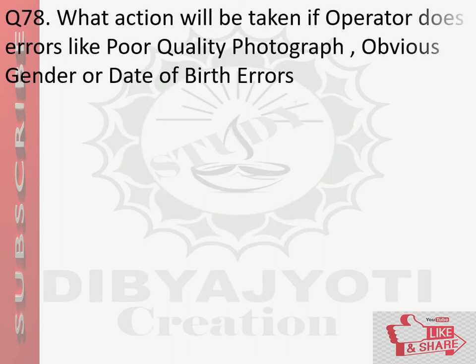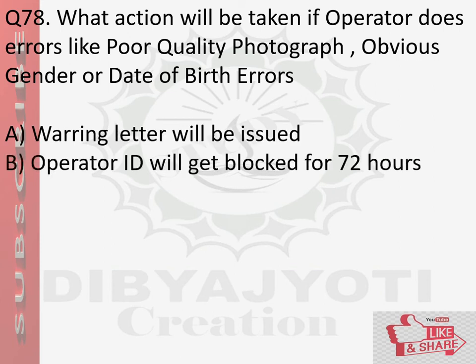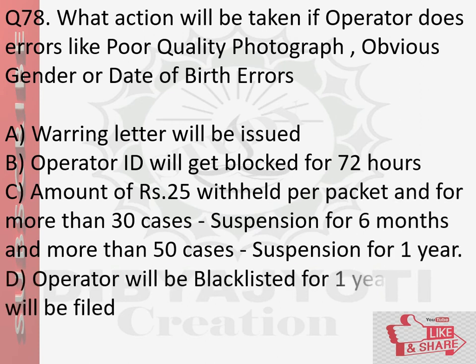What action will be taken if the operator makes an error like poor quality photograph, or an obvious gender or date of birth error? Options are: option A, warning letter will be issued; option B, operator ID will get blocked for 72 hours; option C, amount of ₹25 withheld per packet, and for more than 30 cases, suspension for 6 months, and more than 50 cases, suspension for 1 year; option D, operator will be blacklisted for 1 year, and FIR will be filed.